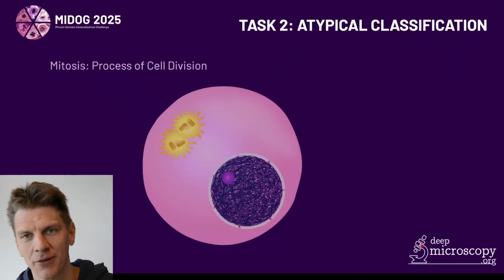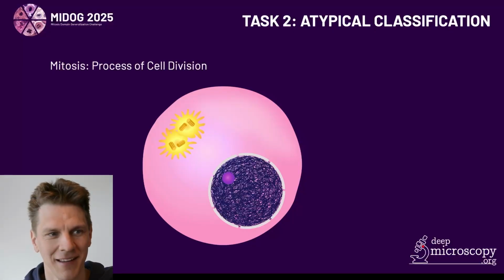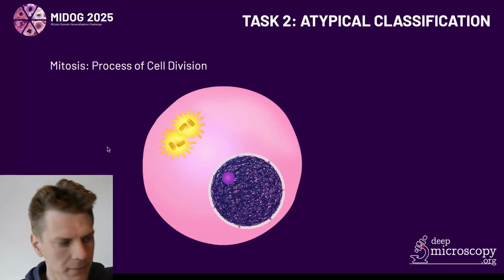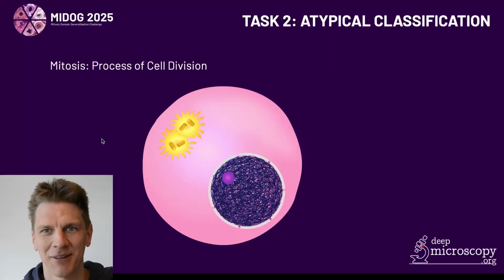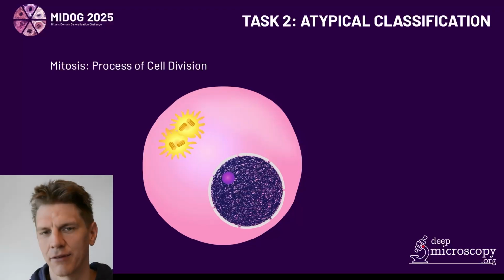Before we go into what is atypical, I want to briefly tell you the normal state of mitosis, which is basically the opposite of the atypical. So mitosis is the process of cell division, which you might already know. In order to explain this to you, I want to introduce two things in the cell, which are the cell nucleus here, which is kind of the control center of the cell.